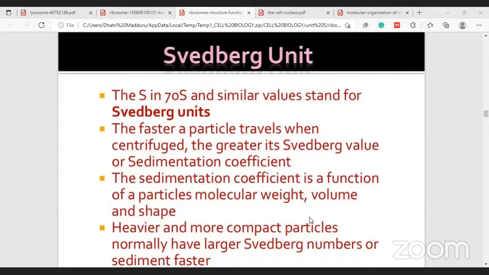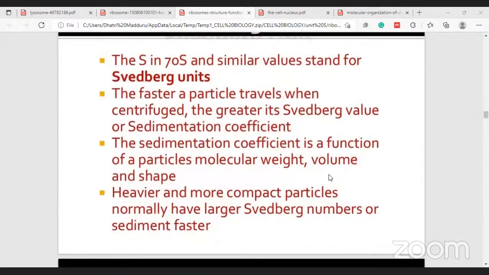Where it settles, according to that value we give the Svedberg unit. The faster a particle travels when centrifuged, the greater is the Svedberg value or sedimentation coefficient. It depends on the particle's molecular weight, volume and shape. The heavier the particle, the larger the Svedberg number, as it sediments faster and settles at the bottom very fast.